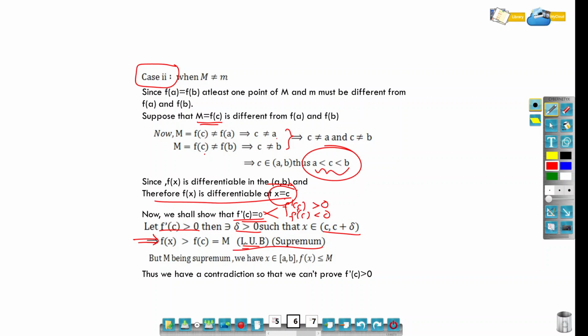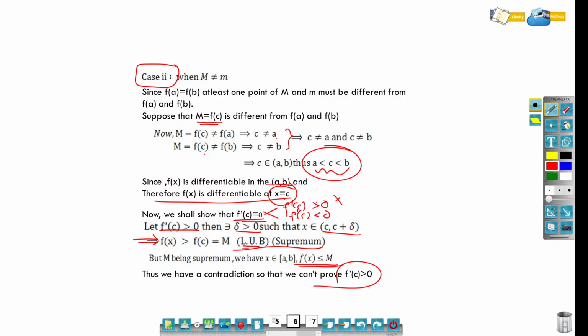But M being the supremum, and x belonging to the closed interval [a, b], by definition f(x) is less than or equal to M. But this contradicts, so we can't have f'(c) greater than 0. We need to prove f'(c) equals 0, so f'(c) greater than 0 is not possible.